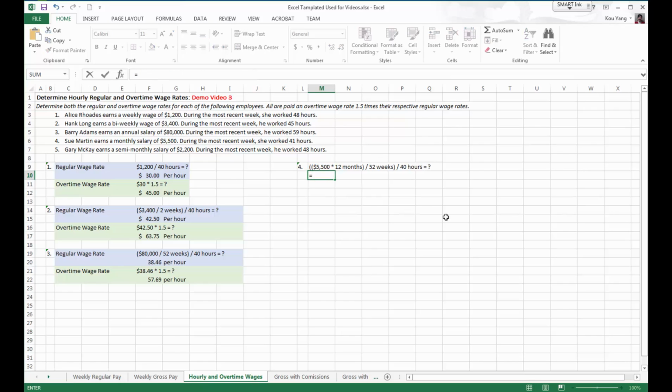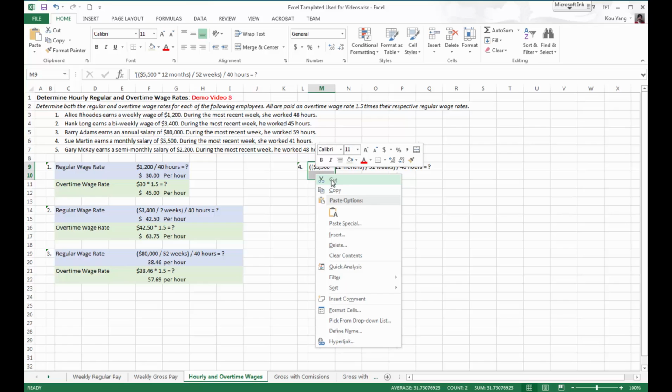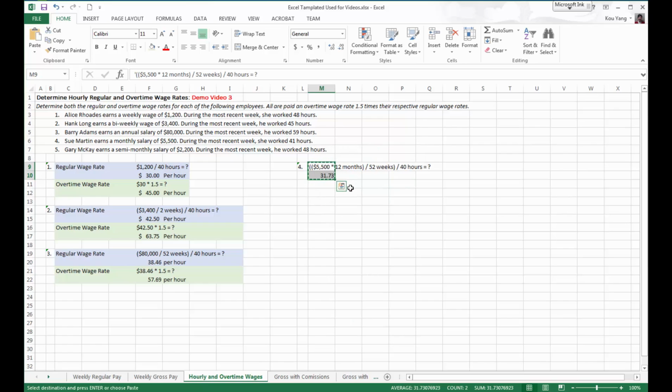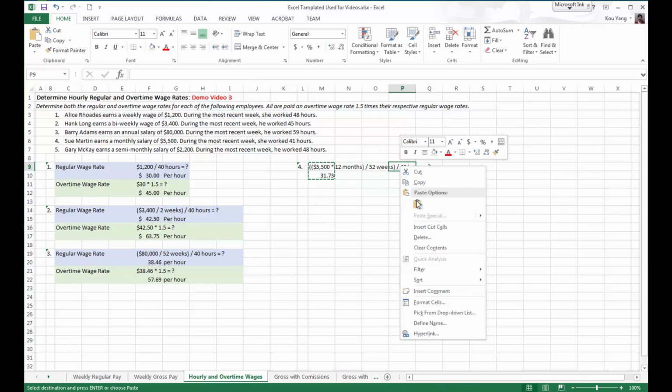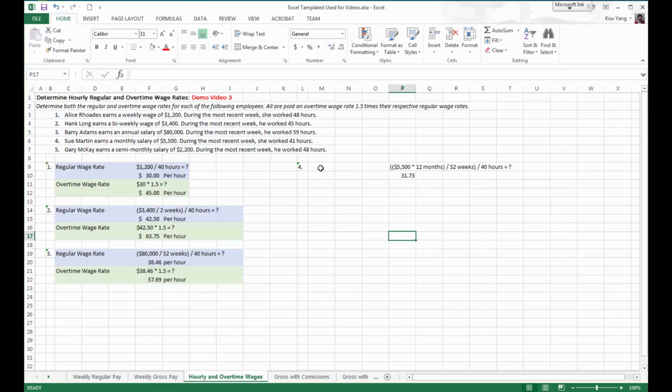So I'm going to enter the formula here. You're going to have to excuse me, I'm going to have to cut and paste this over here, because this is the regular rate.